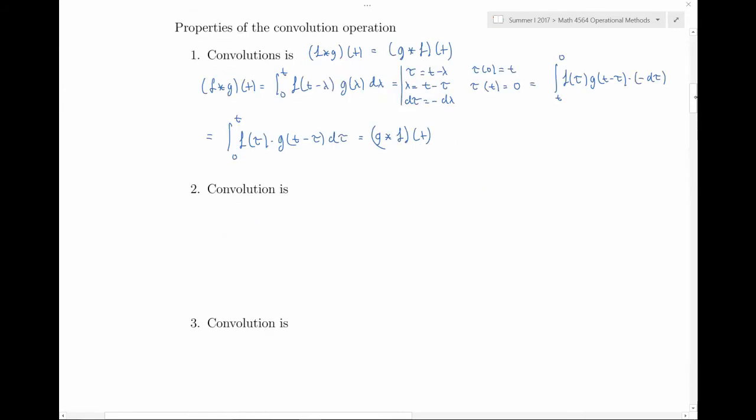Another property is that convolution is linear. That's a consequence of the fact that the integration operation is linear.